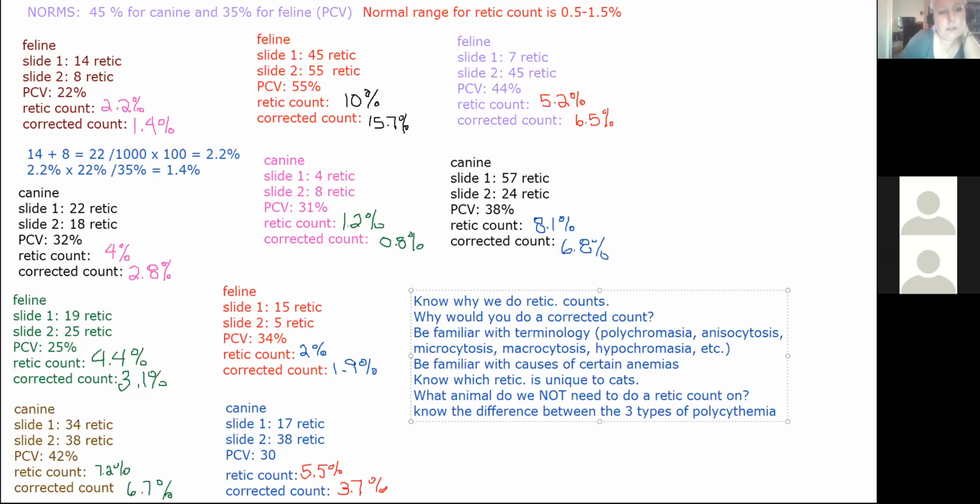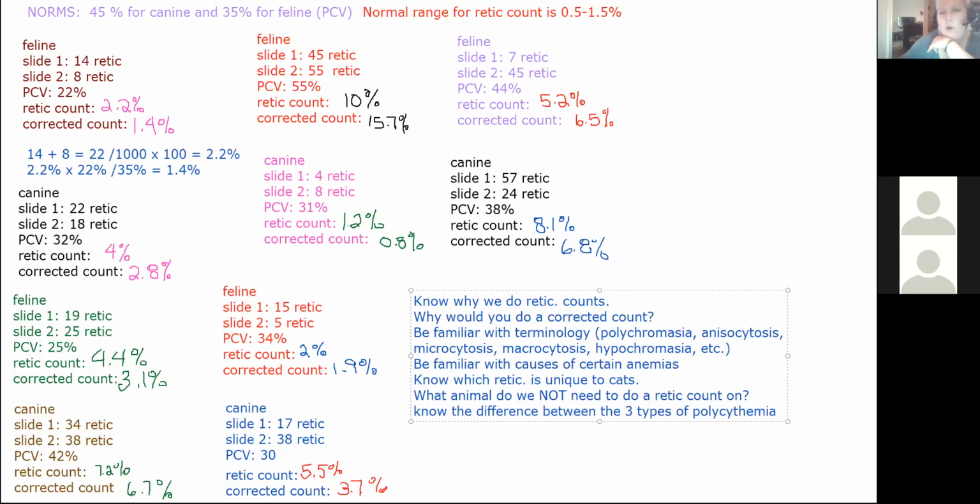Compensatory. So relative, they've lost a bunch of fluid. Compensatory is only hypoxia, and then the rubra is a bone marrow disorder. So know the difference between those three.